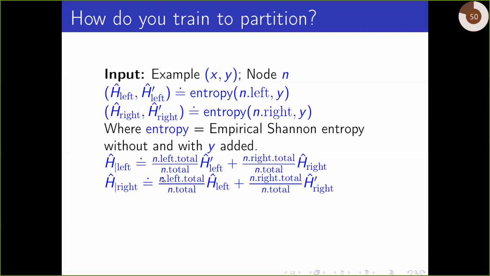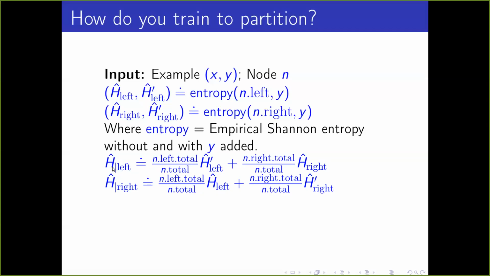So then what you're trying to figure out is a label. You want to know if you should go left or right. What we're going to do is try to minimize the Shannon entropy as we descend down the tree, because minimizing the Shannon entropy is progress towards getting a good classifier.